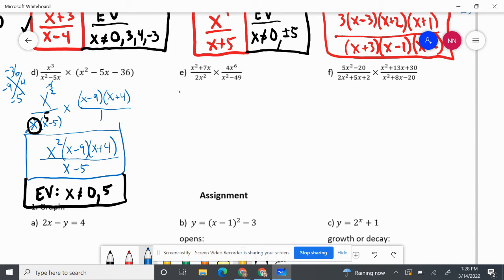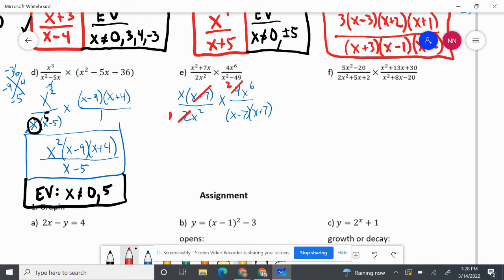We have an x in common, and that gives us an x plus 7. And then what we have is our special factoring pattern, x minus 7 and x plus 7. So we're going to do the fun part, which is canceling. 4 and 2 cancel, 1 and 2.